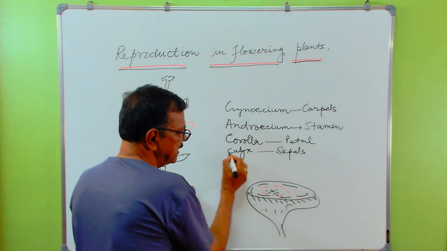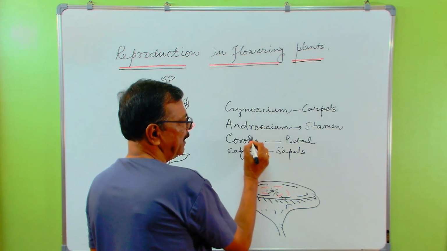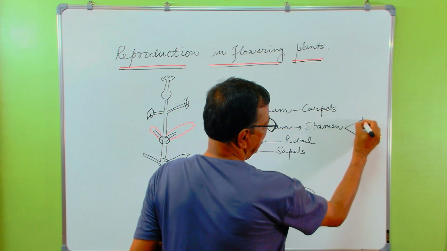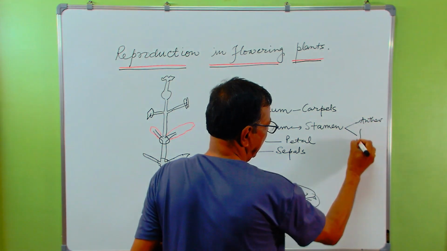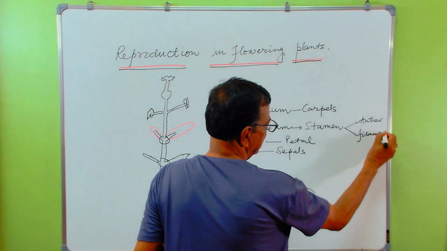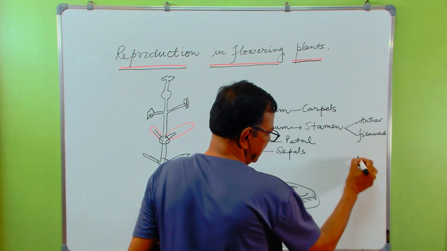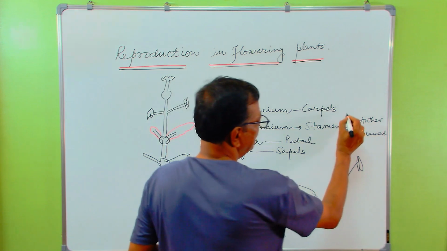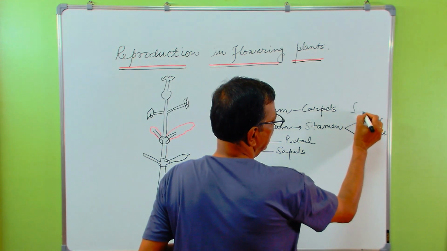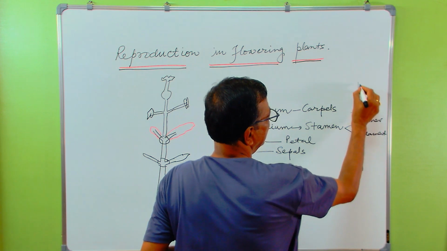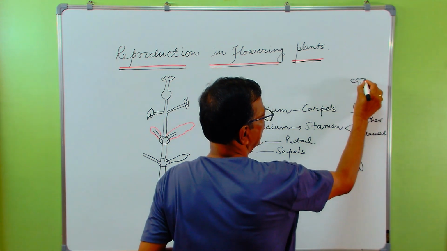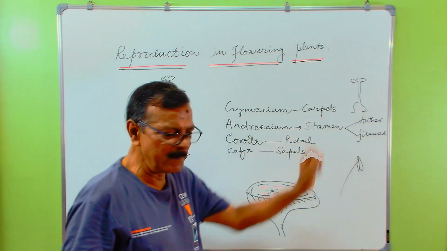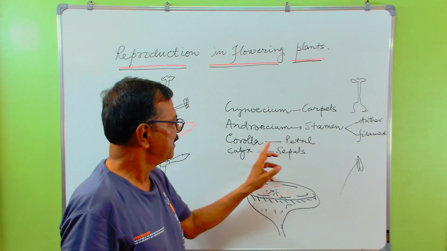So many sepals make a calyx. So many petals make a corolla. Stamen is anther and filament. This is filament and here is anther. And carpels are made up of ovary, this is style, and this is stigma.